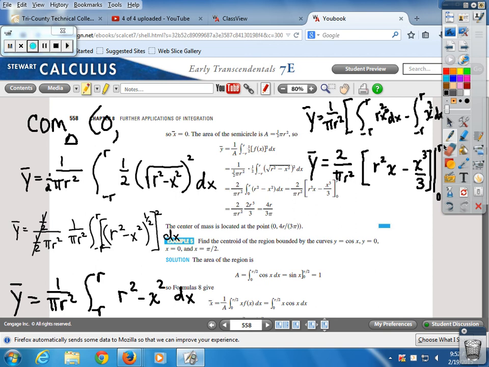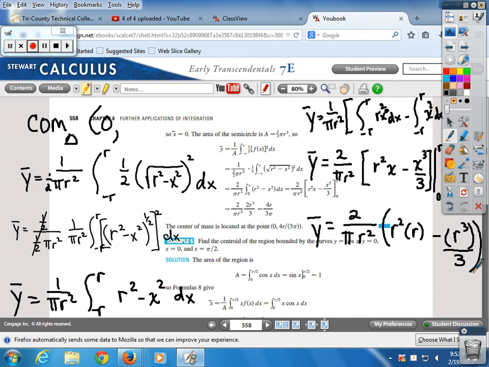So plug R in, and that's going to give you a 0. 0 is going to cancel that out. 0 is going to cancel here. You're going to get 0. So y bar is going to be equal to 2 over pi r squared, parentheses, r squared times r minus r cubed divided by 3.